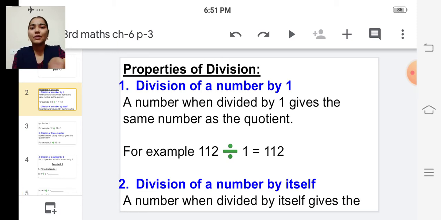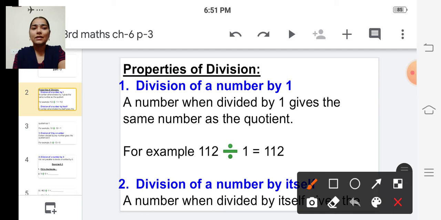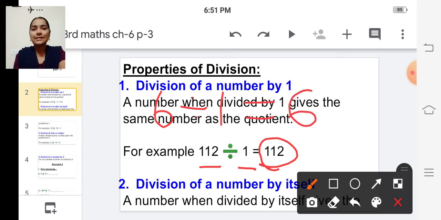For example, 112 divided by 1 is equal to the same number. If you take 6 divided by 1, then you get the answer 6.